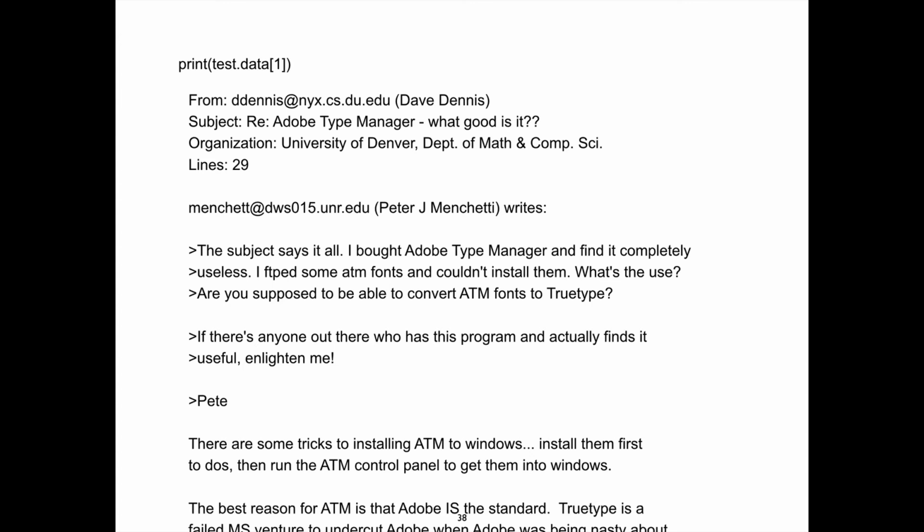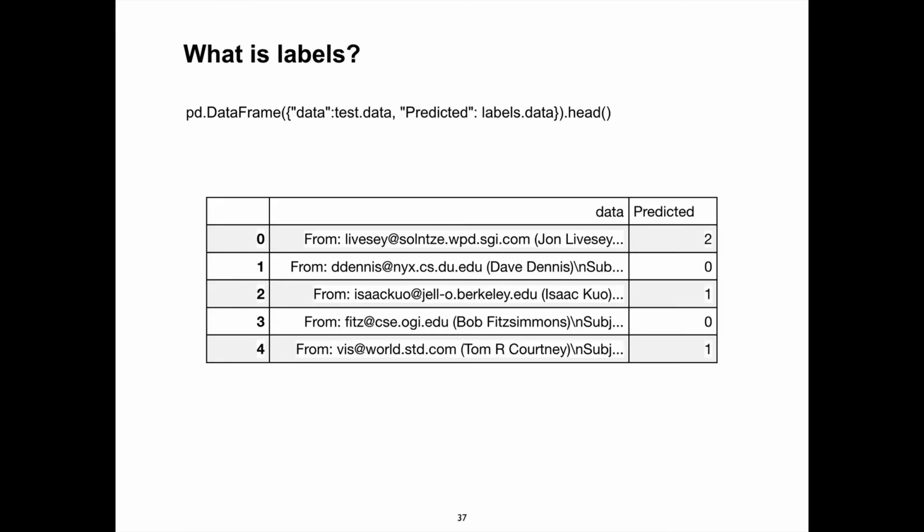And here, I'm looking at the second article, but the first one is too long. They're talking about Adobe Type Manager. And let's see, that was group number 0.